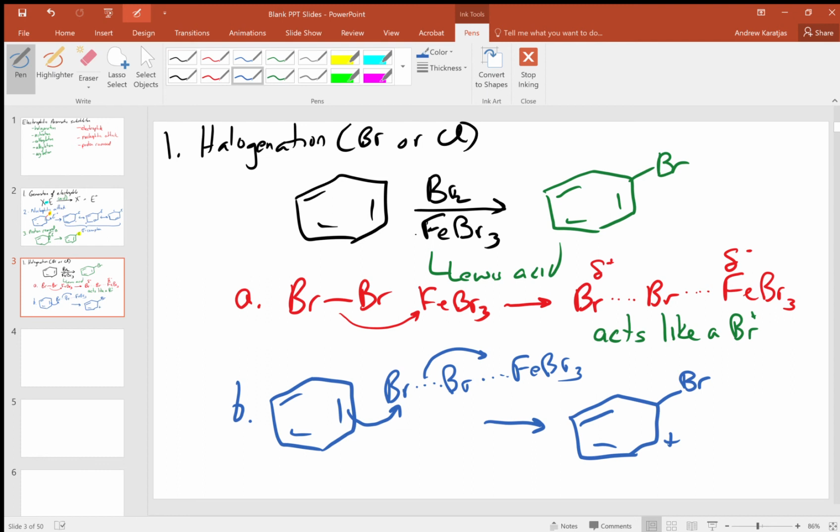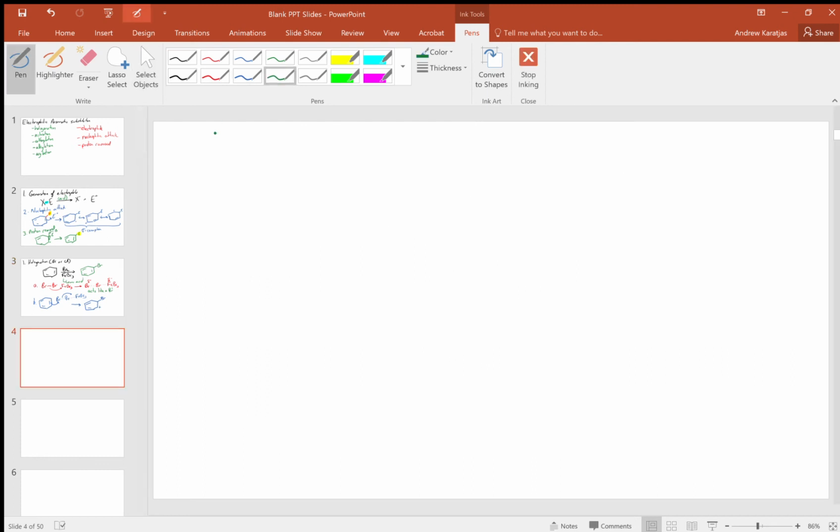From here, it's just a matter of that sigma complex getting deprotonated to form our product. The only question might be, what is the base that's going to initiate that process?